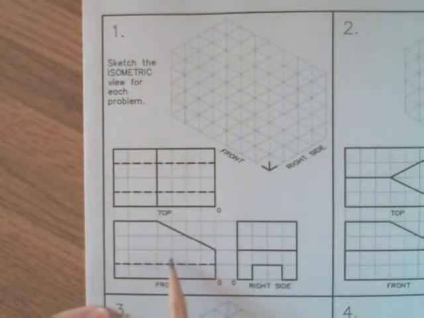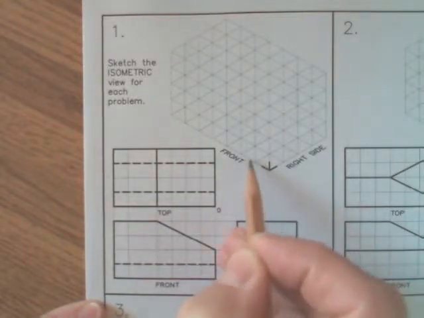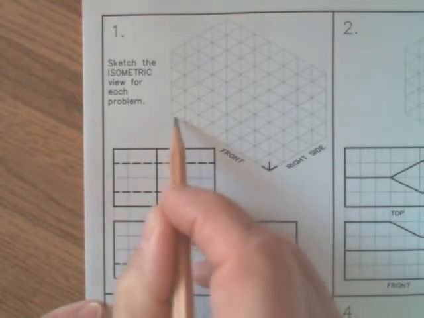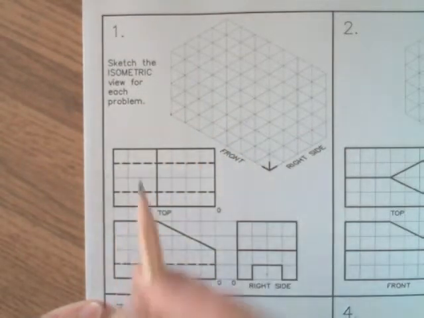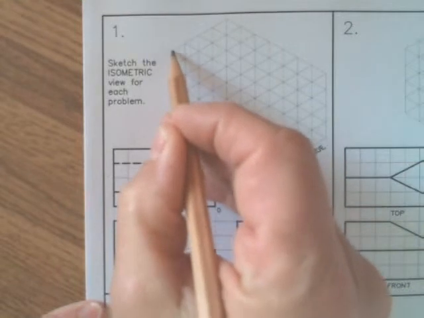So to draw the front view of this object, it's going to be 1, 2, 3, 4, 5, 6, 7, or from the corner here 1, 2, 3, 4, 5, 6, 7. So it goes all the way back 1, 2, 3, 4.